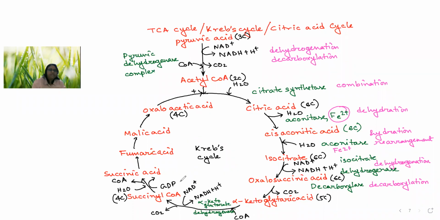So GDP is the way ATP and ADP mean adenosine triphosphate and adenosine diphosphate. GDP is called guanosine diphosphate. So this will form GTP, and the reaction will be catalyzed by the enzyme succinyl thiokinase. I will write.